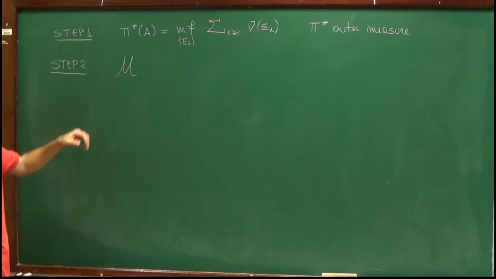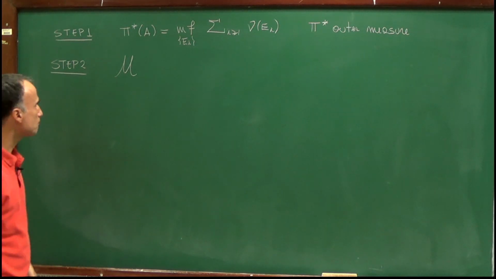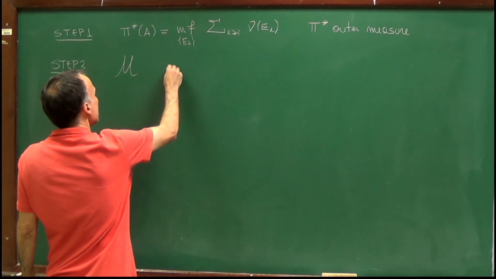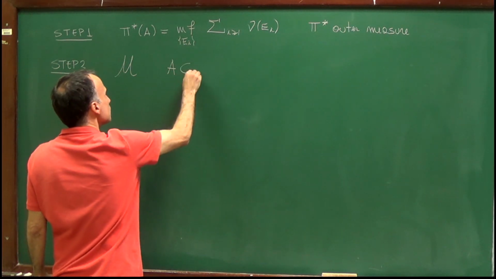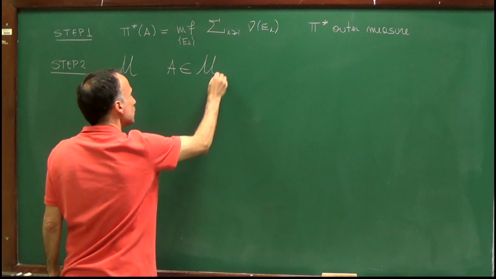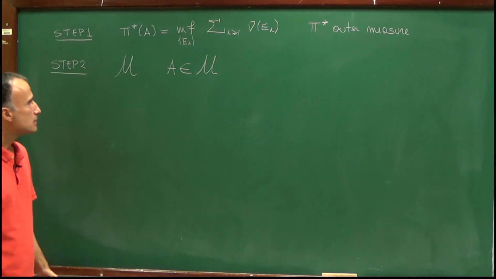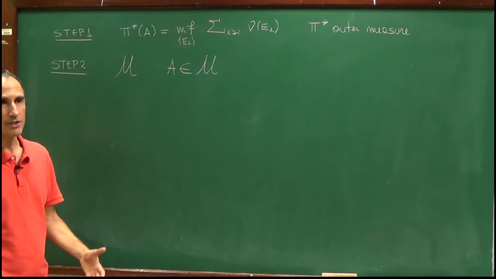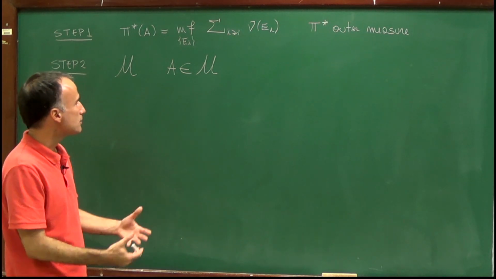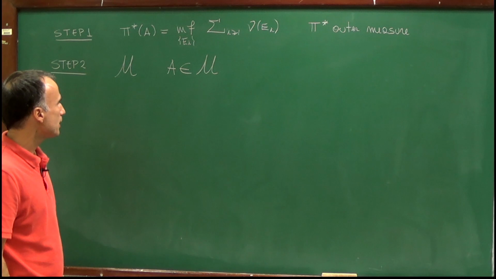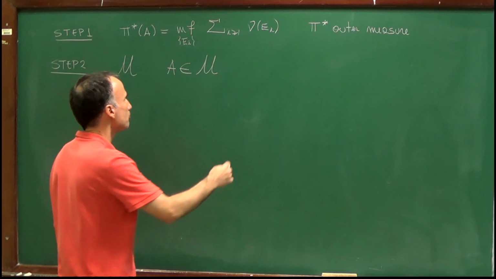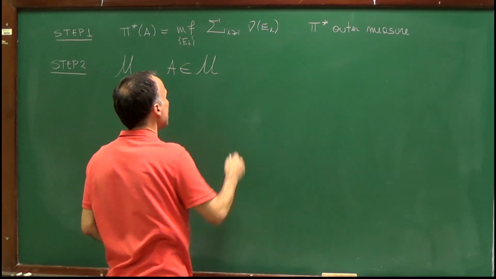So M will stand for the measurable subsets. And here is its definition. A set A will belong to M if A divides correctly every set. This means in the sense of the P star measure. So this means precisely the following.